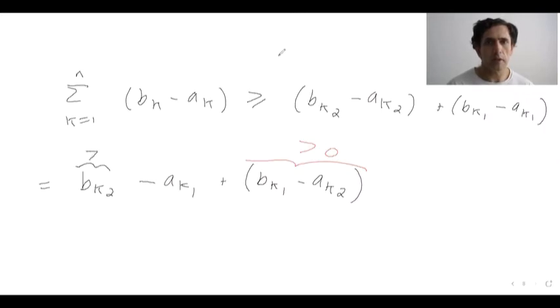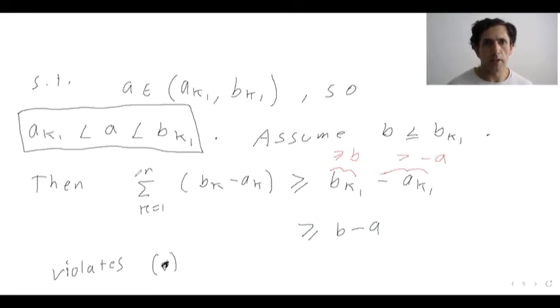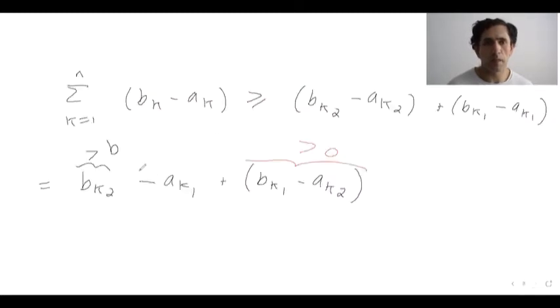This is bigger than B. And again, as before, minus AK1 is bigger than minus A. So this is bigger than B, bigger than minus A, bigger than 0. So in particular, this is bigger or equal to B minus A. And that is, again, a violation of our assumption.